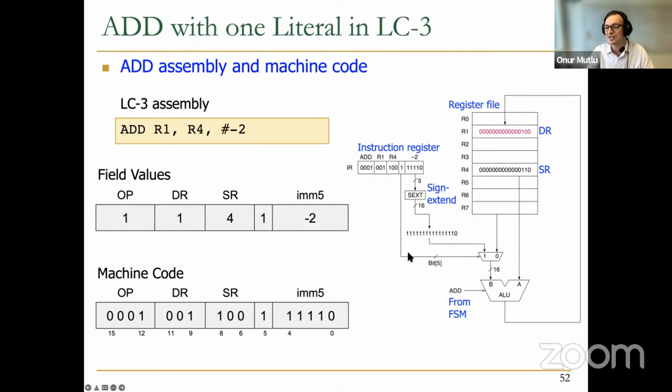We're building these logic structures that obey our instruction format, as well as the specification of the instruction. And the finite state machine in the control logic needs to generate an ADD signal to the ALU, basically the particular encoding of the add, such that the ALU does add on A and B, essentially. And the result needs to get stored into the destination register. So that's how this beautiful instruction gets executed.